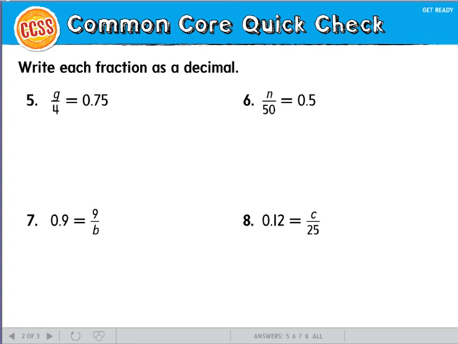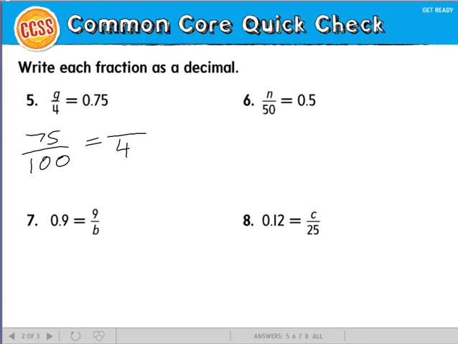Okay, so let's start with the first number 5. Number 5, we're looking at figuring out what G is over 4, which equals 75 hundredths. So we take 75 and put it over 100, because 75 over 100 is 75 hundredths. So that's going to equal something over 4.